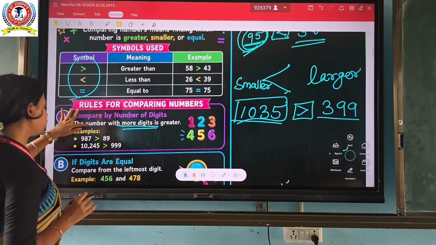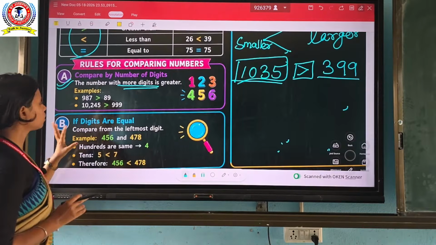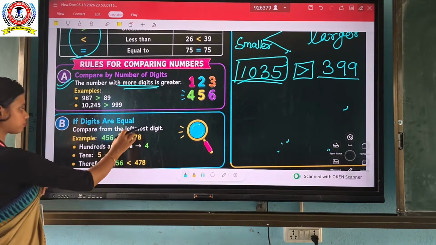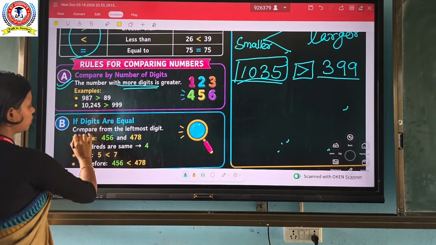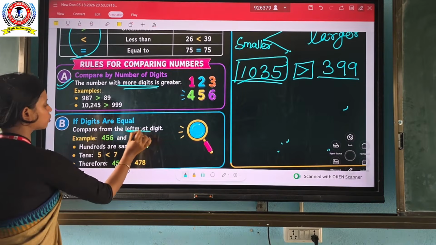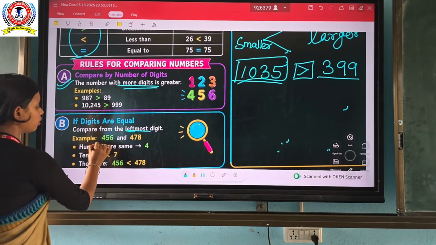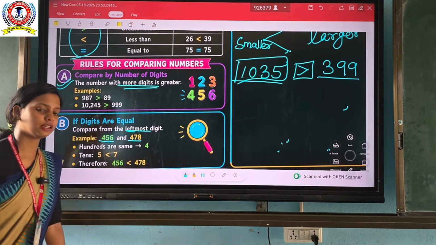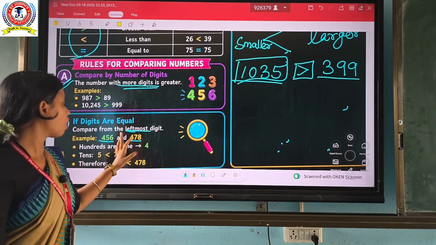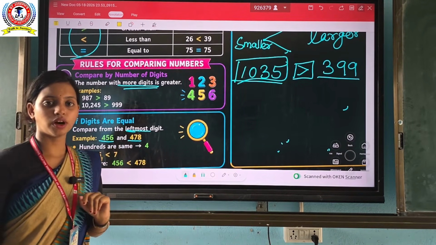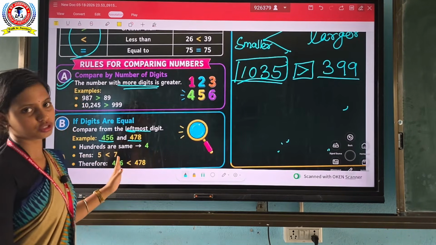Look at rule number 2, or rule B. If digits are equal, compare from the leftmost digit. Example, 456 and 478. We have to compare these two numbers from the leftmost digit.